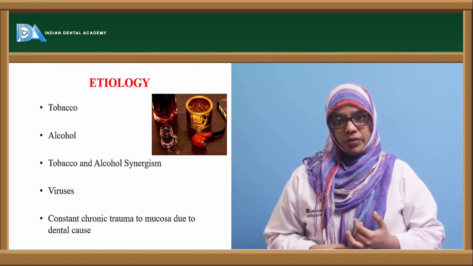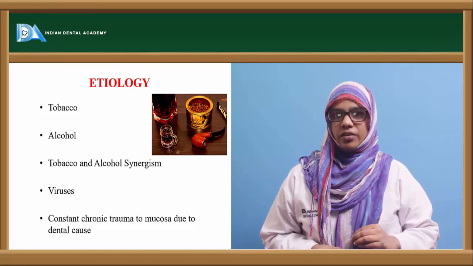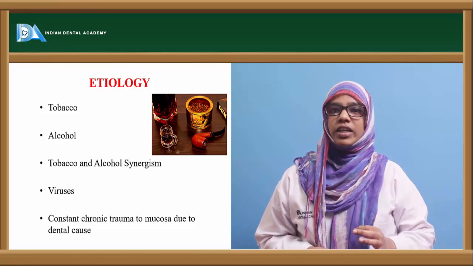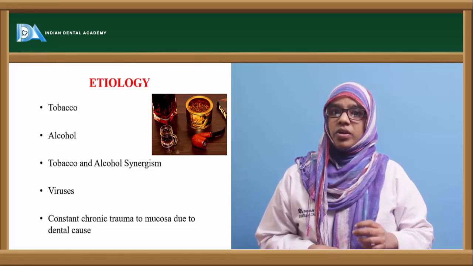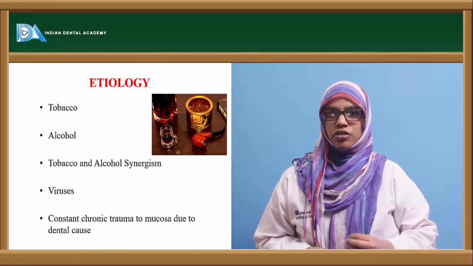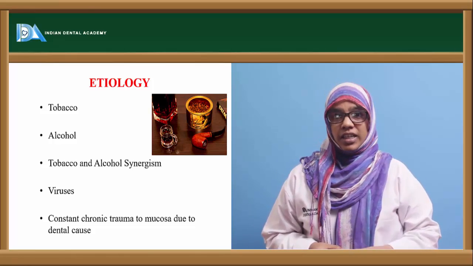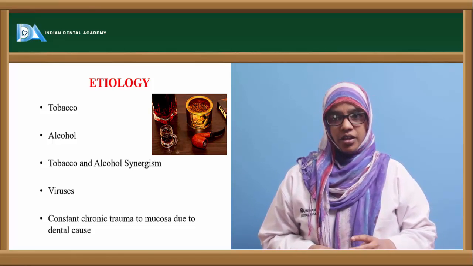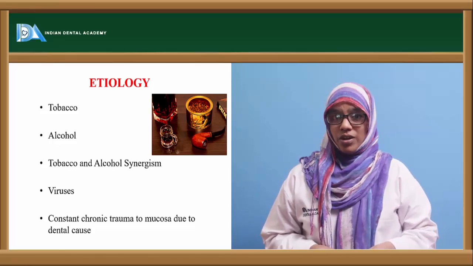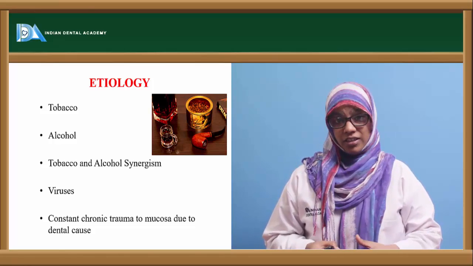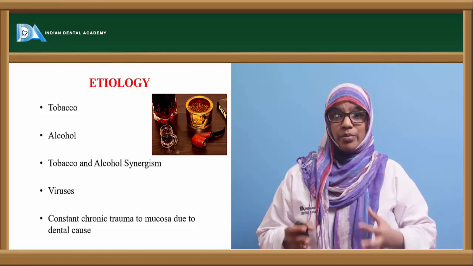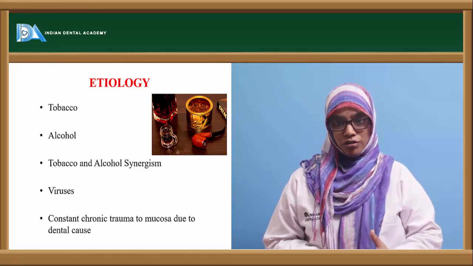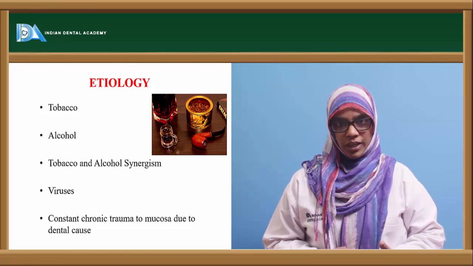Now, alcohol. Alcohol has 3 basic effects. The first is that it is a local irritant. Secondly, it is a solvent, which provides penetration of the carcinogenic agent into the mucosa. Thirdly, it alters the DNA repair. Now, tobacco and alcohol have a synergistic effect, that is, when they are used together, their bad effects are amplified, resulting in more destruction and more chances of getting oral cancer.